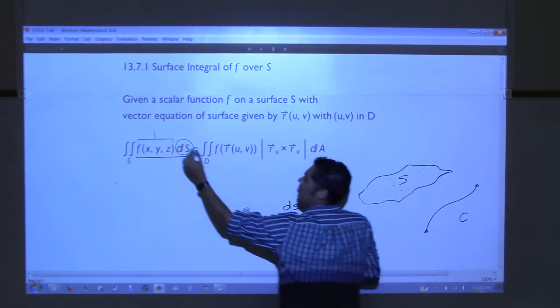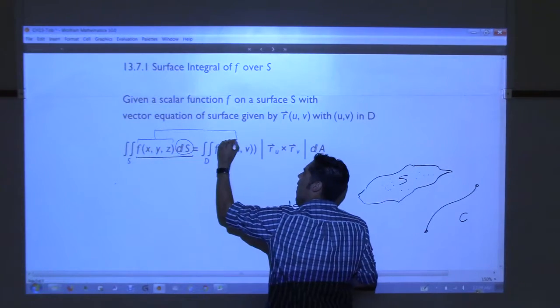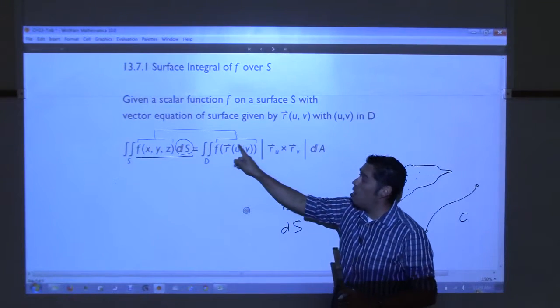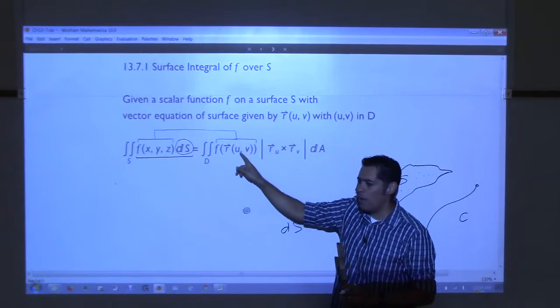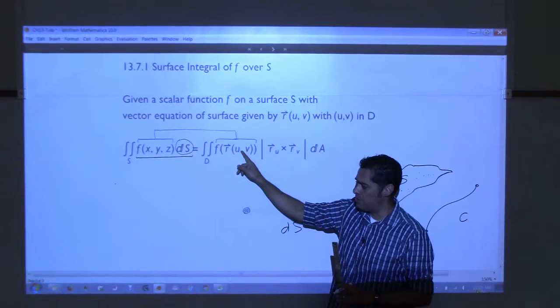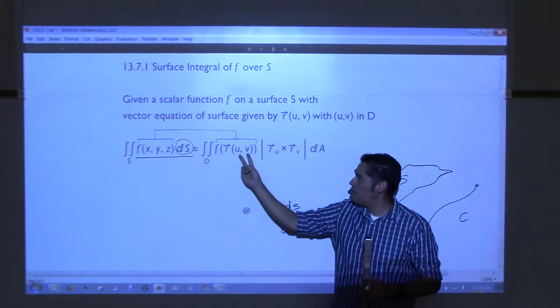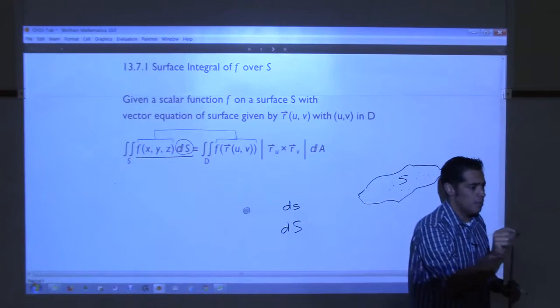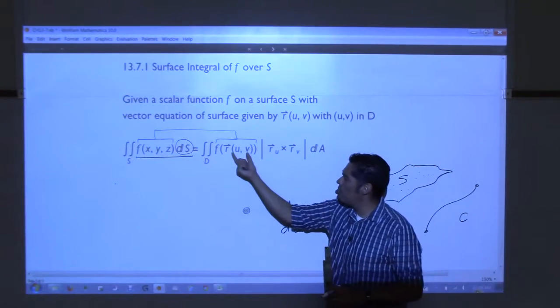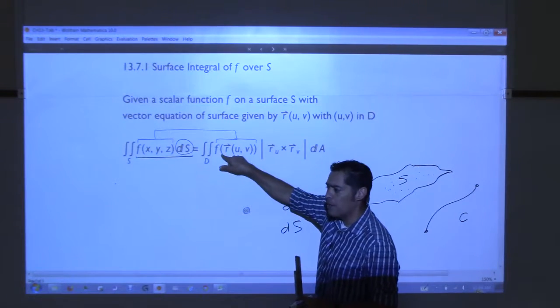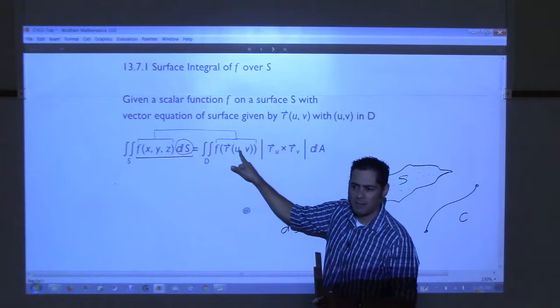So this is saying, right there, you're going to evaluate your function along the surface at all the x, y's, and z's within that surface. Do y'all remember if I plug in a value of u and a value of v, won't it give me a three-dimensional point? Yeah. So once I know what u and v are, it'll give me an x, a y, and a z, and that I can plug into f.